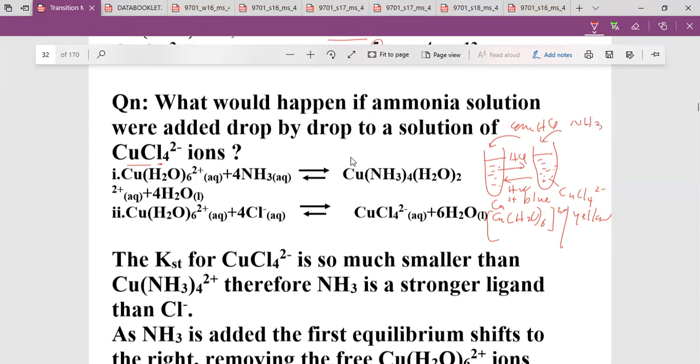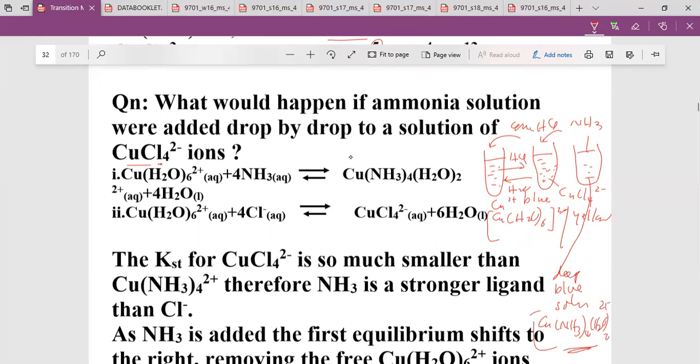That means ammonia is going to fight for the position on the central ion, copper 2 plus. Can ammonia kick out Cl minus? Can. So with time you will see a deep blue solution of Cu(NH3)4(H2O)2, charge 2 plus.